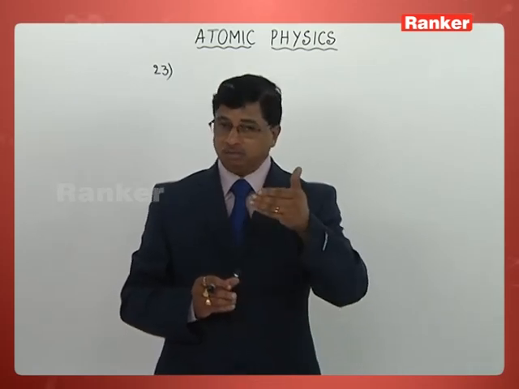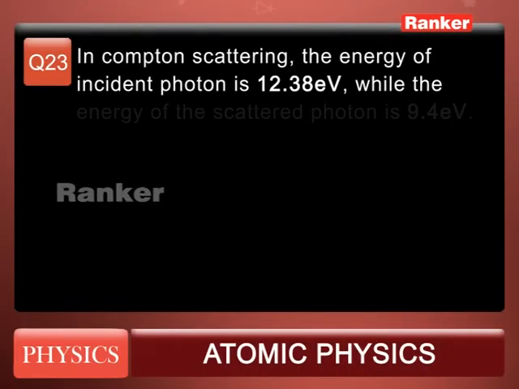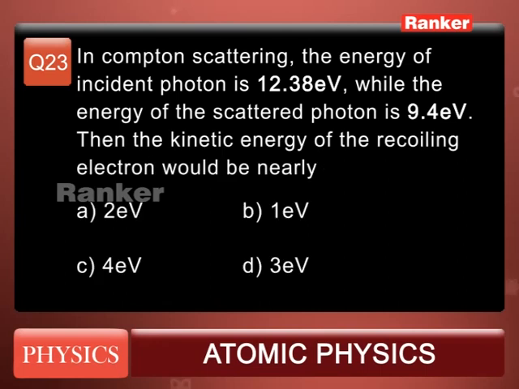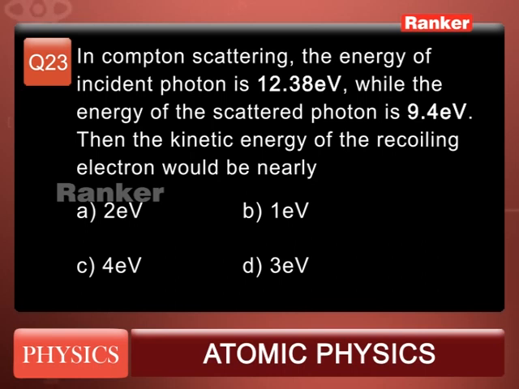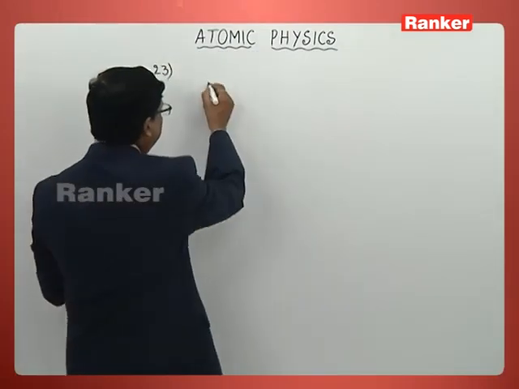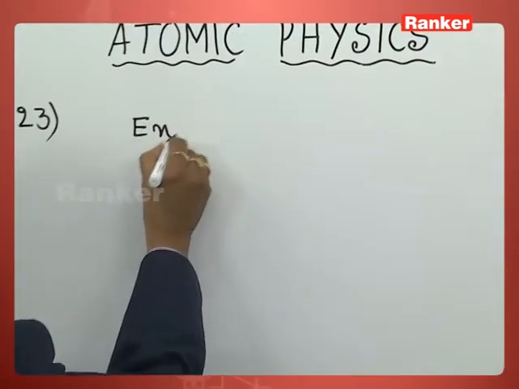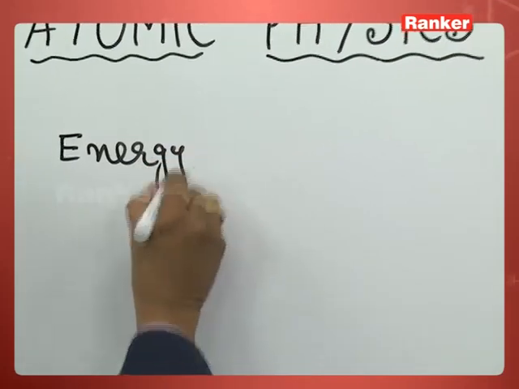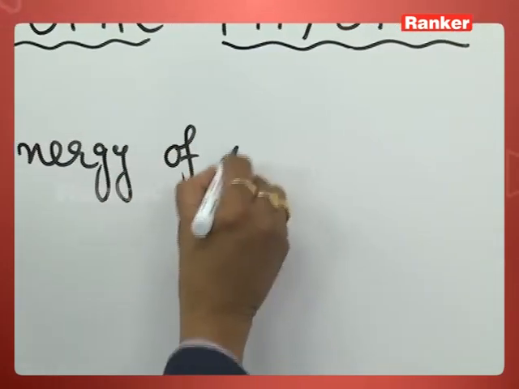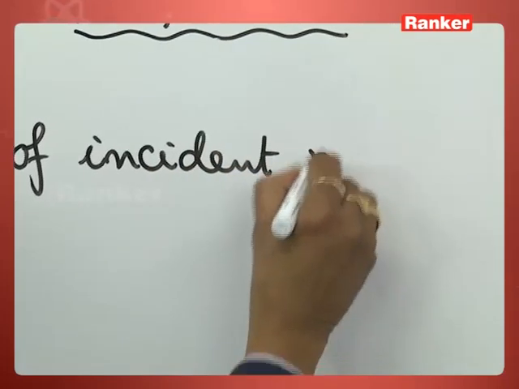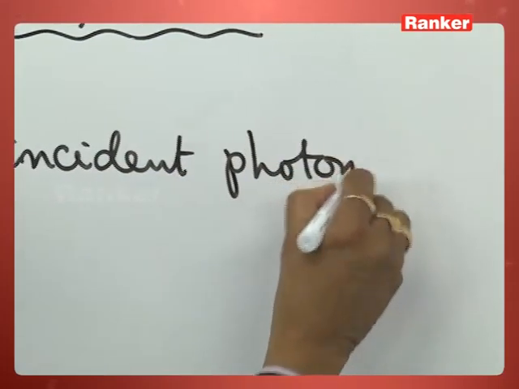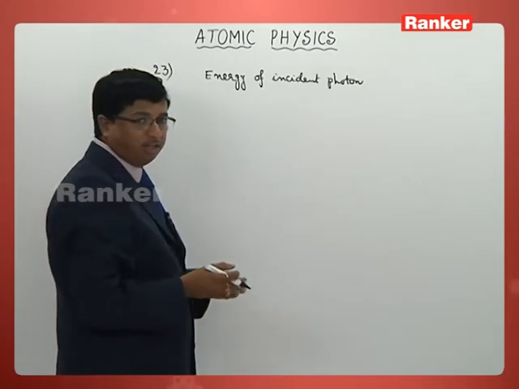Now what is the question given here? Let me read out. In Compton scattering, the energy of the incident photon is 12.38 electron volt. So you can all understand, this is the energy of the incident photon. The incident photon, that of course is nothing other than X-ray there.